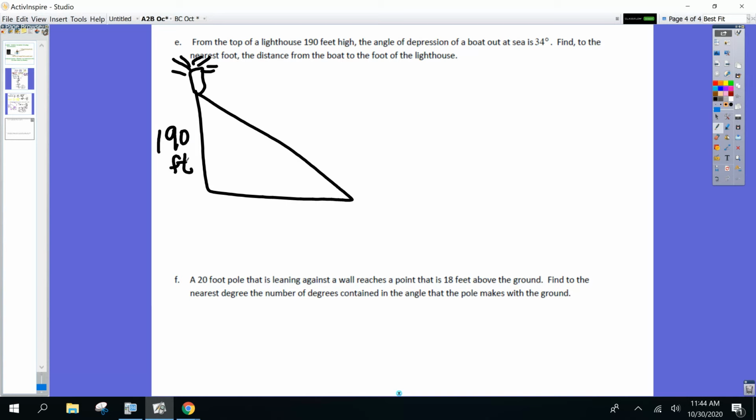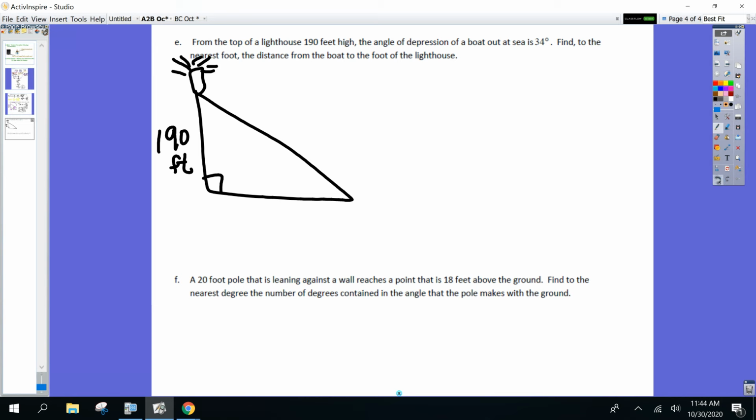All right, the angle of depression is 34. Now here's where kids get confused, because they think, I'm standing up, I'm looking down, it should just be the other angle right here, 34 degrees. And it is not. Your depression angle is actually outside the triangle.